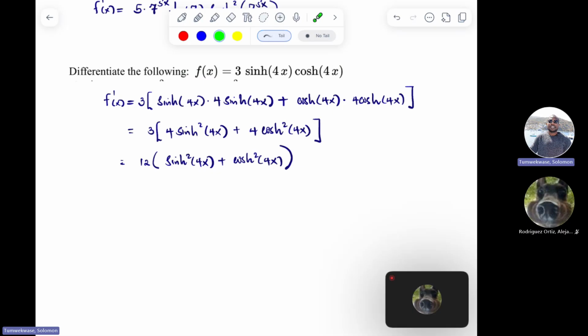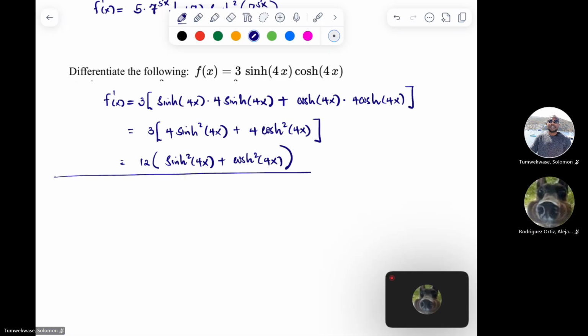But what I'm saying is that even when we do this by first writing our function in exponential form and then we take the derivative, you should be ending up with the same answer. It might end up being more work, but for sure you end up with the same answer.